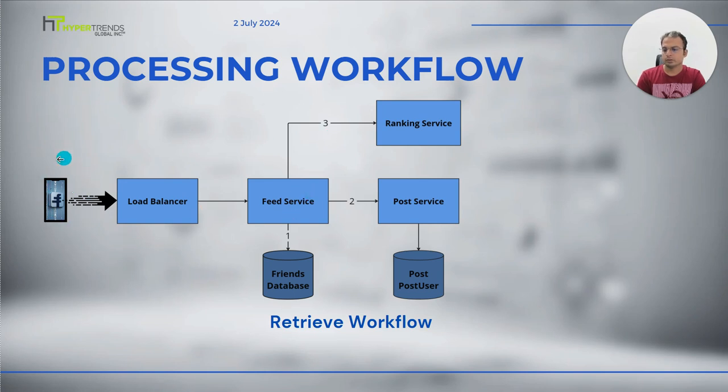The user comes to the application, the request propagates to the load balancer, then through the load balancer to the feed service. What will the feed service do? It will first find out the friends of that user, or the followers, whom he or she is following.